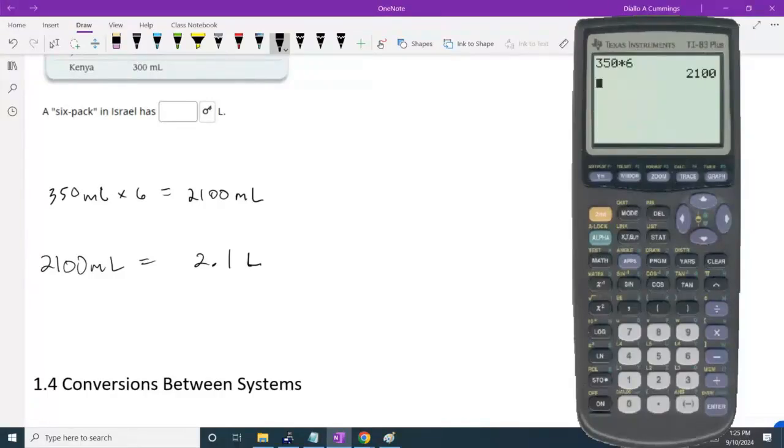So 2,100 milliliters is about 2.1 liters. Okay. So just as a point of reference, you can buy a 2-liter soda in the store. So 2.1 liters would be 2 liters and just a little touch over there. All right. So that would equal a 6-pack in Israel. All right, any questions about the last problem?